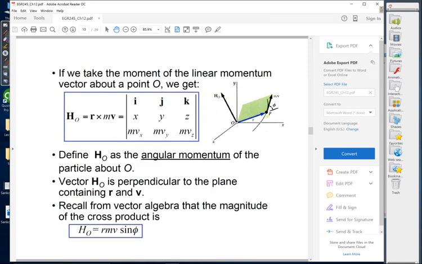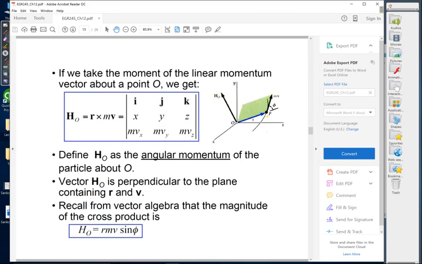It is the cross product of a position vector with the linear momentum vector. And you might recall that when you take a cross product that has to do with the position vector, you have to take that cross product about some point. So we're going to call the point that we're taking the cross product about point O, and we're going to use capital H to designate angular momentum. So this is, again, a purely mathematical definition.